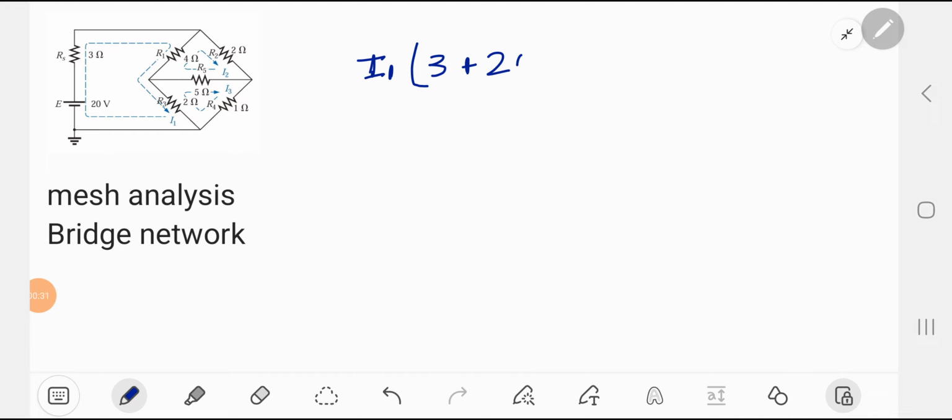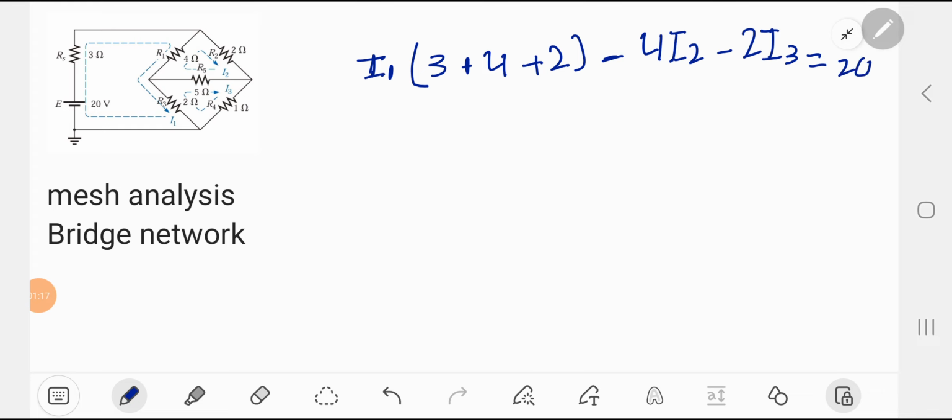resistances are 3 ohm, 4 ohm and 2 ohm. The mutual resistance among I1 and I2 is 4 ohm, and among I1 and I3 is 2 ohm, which is equal to 20 volt.